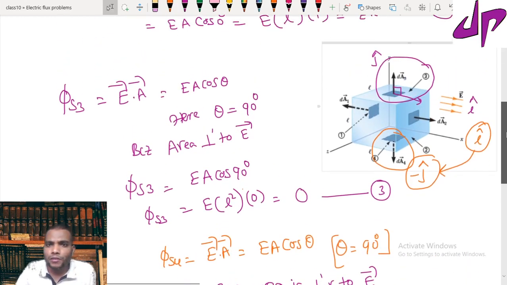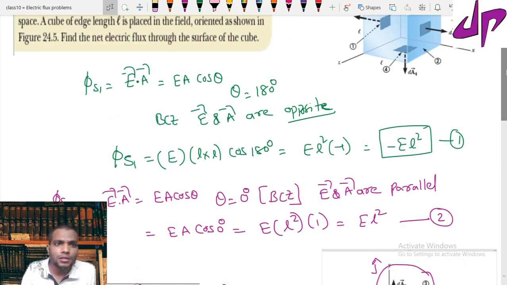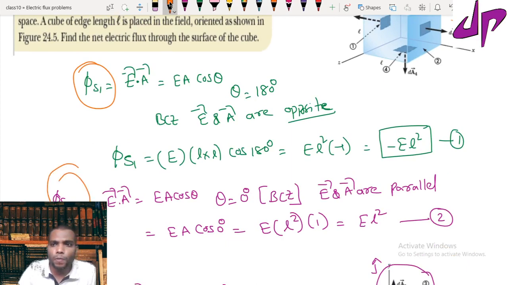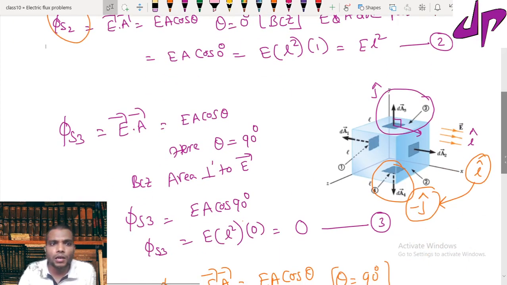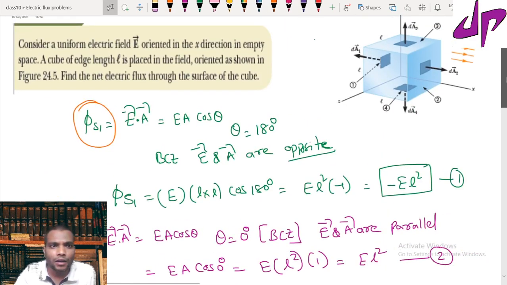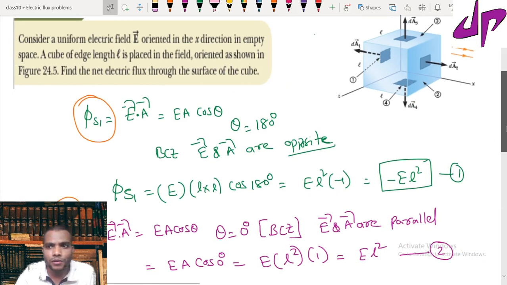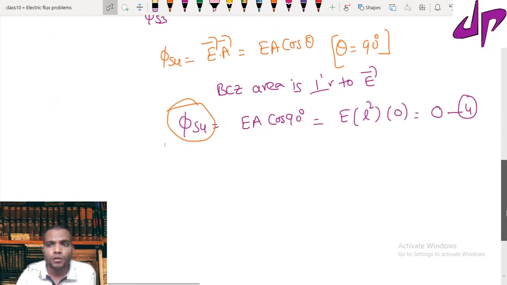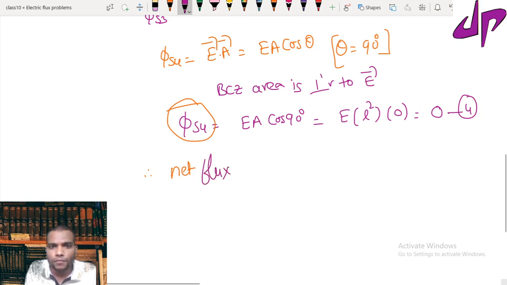Now we found the flux through the four surfaces: the flux through surface S1, the flux through surface S2, the flux through surface S3, and the flux through surface S4. Now combine all these values to get the net flux through the surface of the cube.